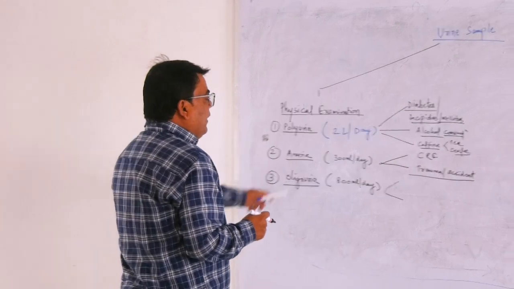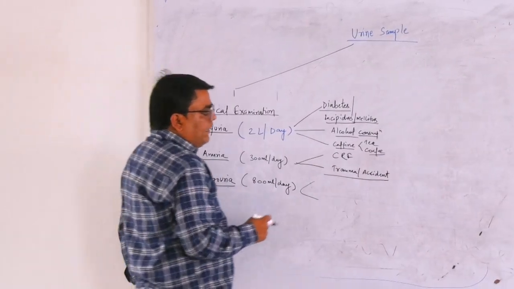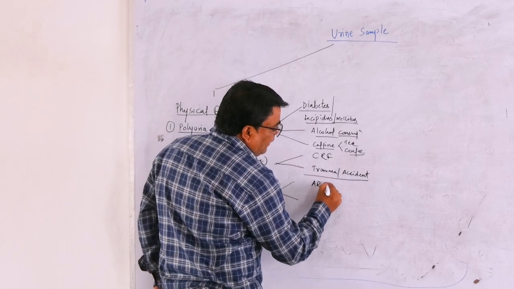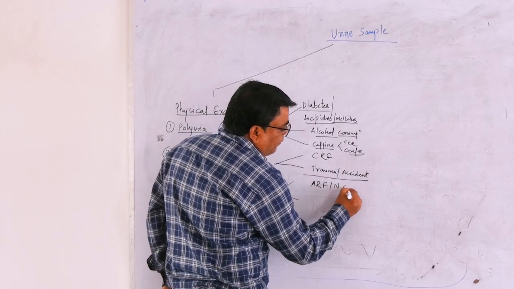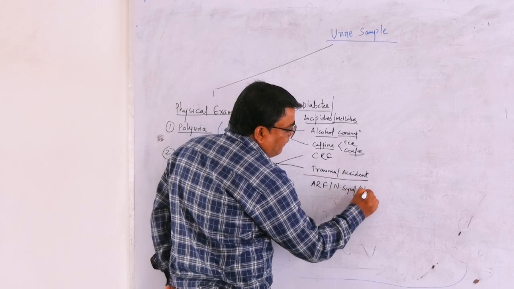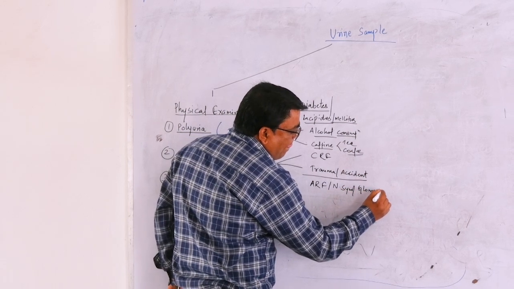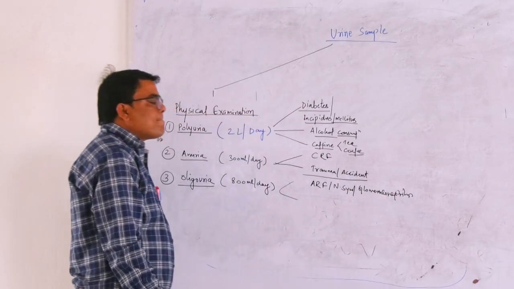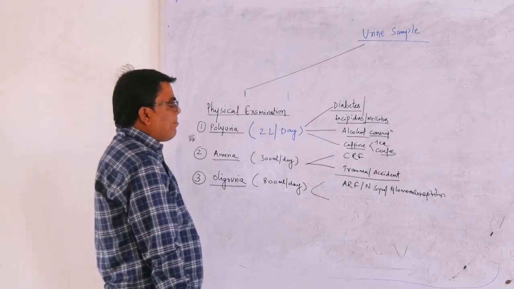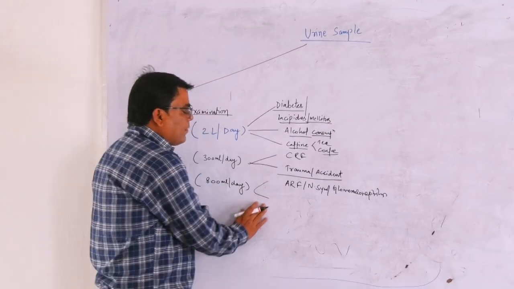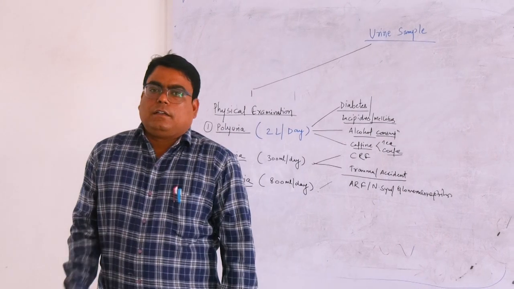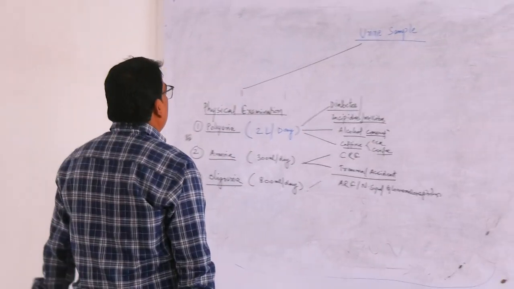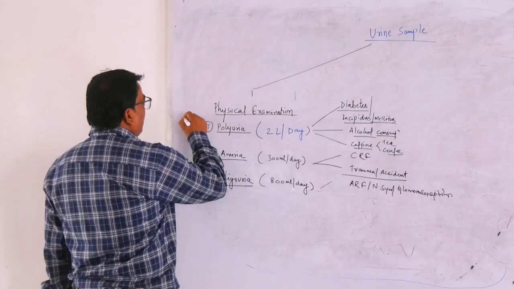It is called anuria, and oliguria occurs in the case of ARF, acute renal failure, nephrotic syndrome, glomerulonephritis, and some other conditions. So this is the first physical exam called volume.